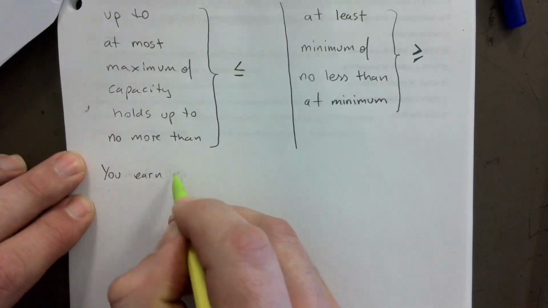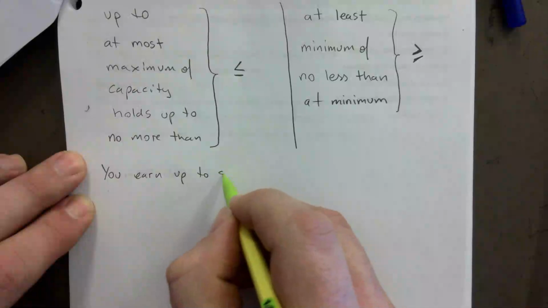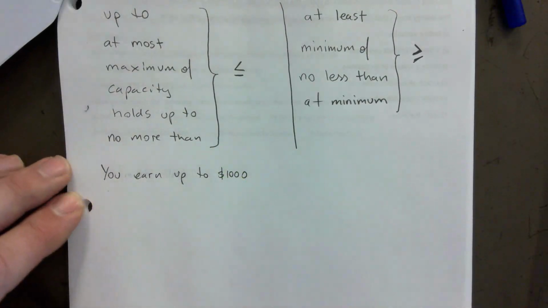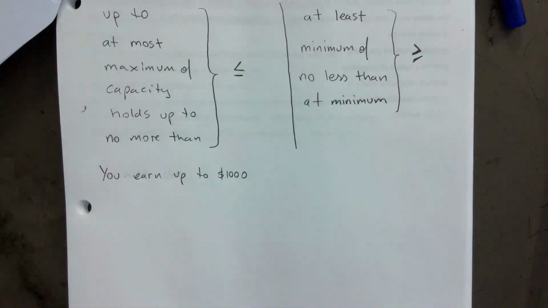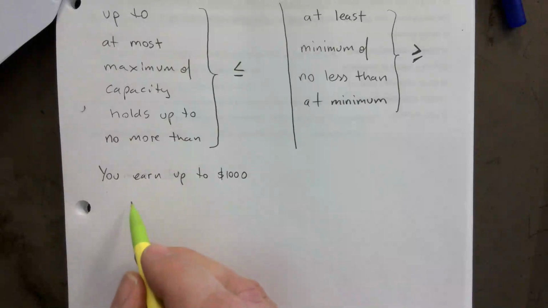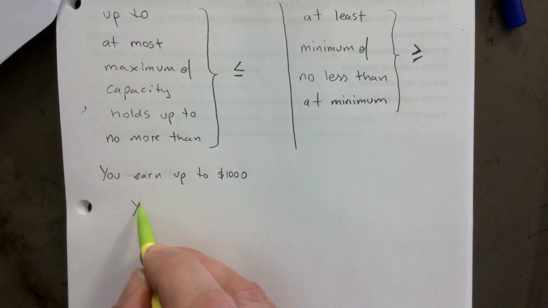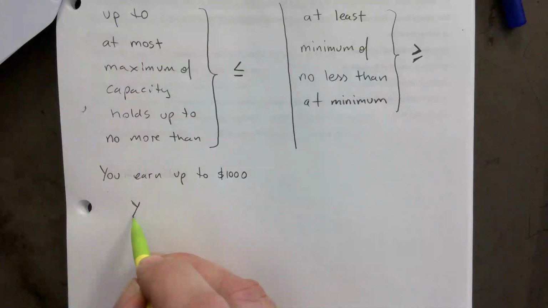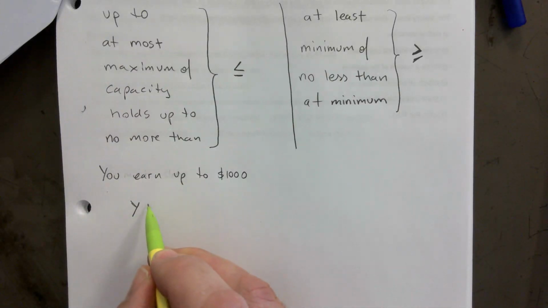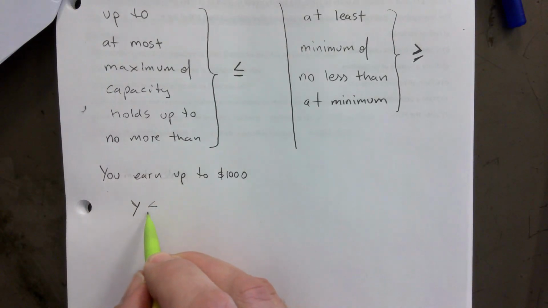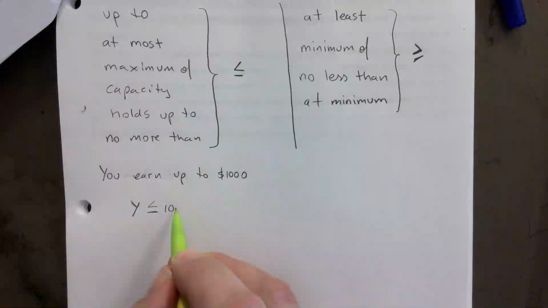You earn up to $1,000. If Y represents your earnings, then what this statement is saying is that Y is less than or equal to 1,000.